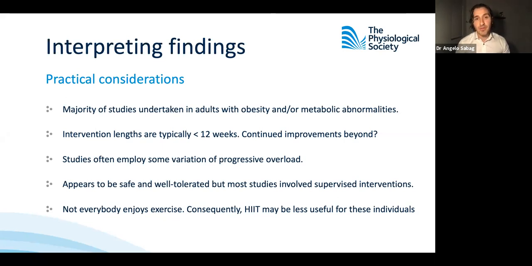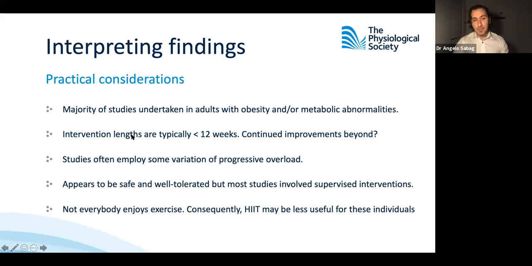So whether or not this safety is replicated in an unsupervised setting, there is some preliminary evidence to suggest that yes, you can do it safely, particularly for individuals who have compromised cardiovascular health. But they still need to take caution, and if you're prescribing unsupervised exercise, make sure you equip your patient with the necessary skills to identify any red flags and to better monitor the intensity at which they're exercising.